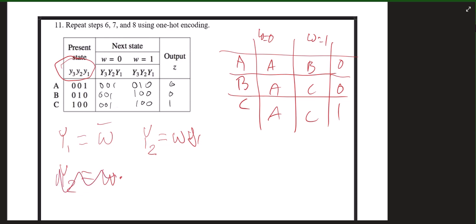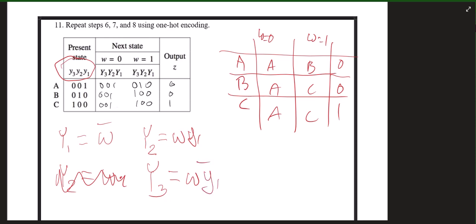Oh, I'm doing Y2 again. Hold on. What do I want to be doing? I want to be doing Y3. Thank you. So I want to be looking at Y3. And Y3 also has W's here. And then it's 0 when Y1 is 1 and 1 otherwise.